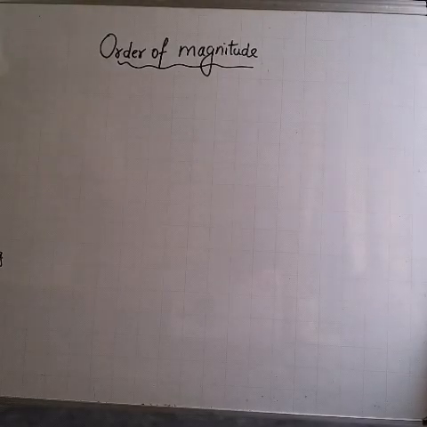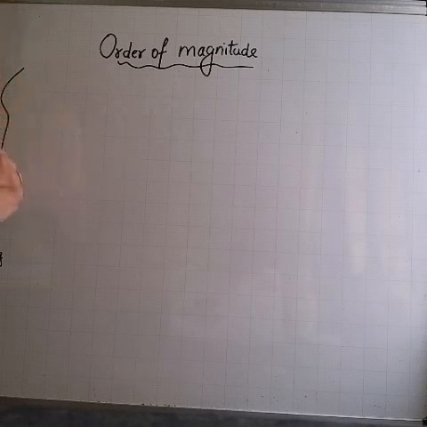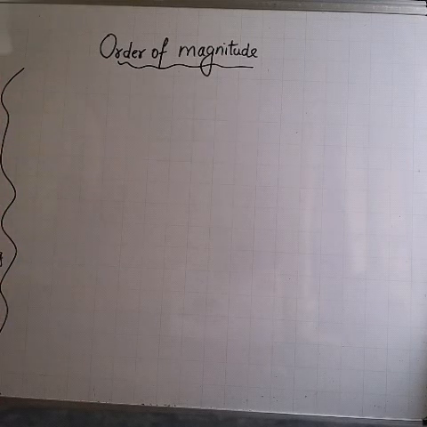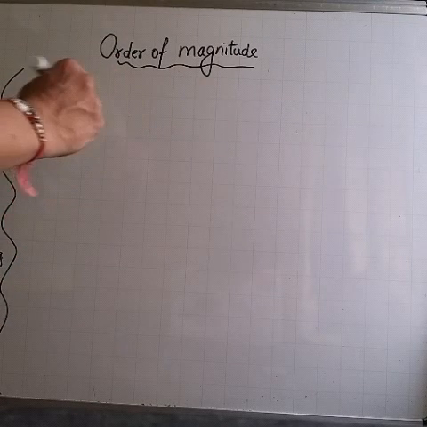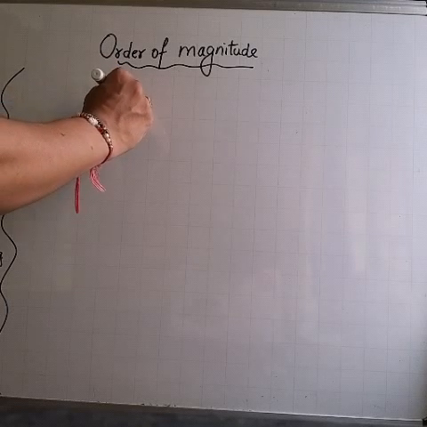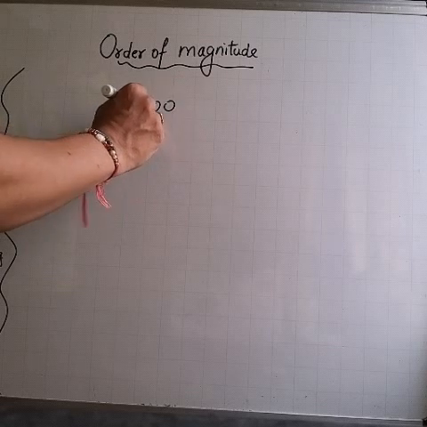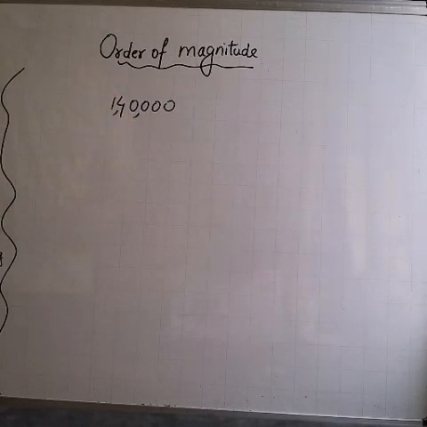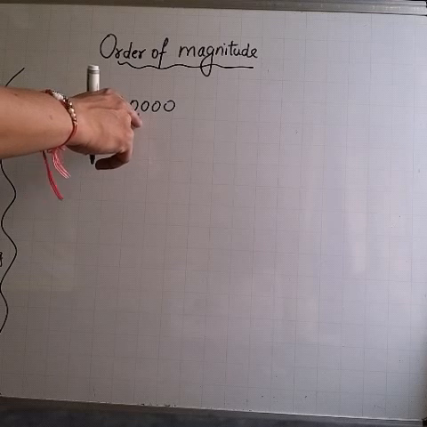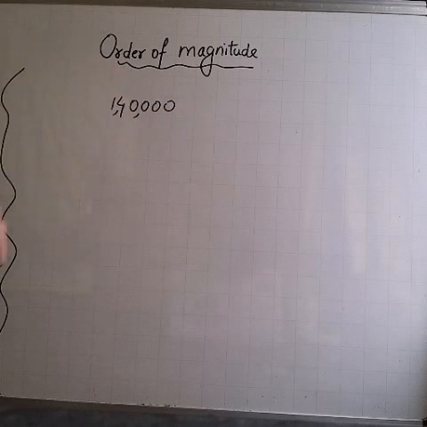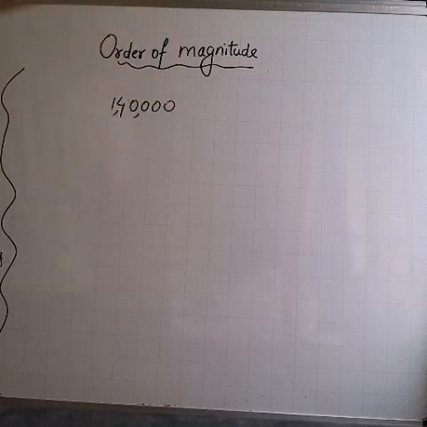Now, one more example I am giving you for order of magnitude. Suppose a number is like this: 1 4, and there are 4 zeros in front of it. Now some questions will come in your mind.